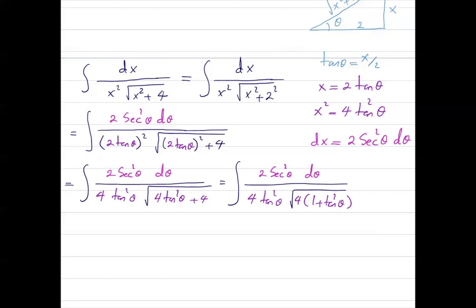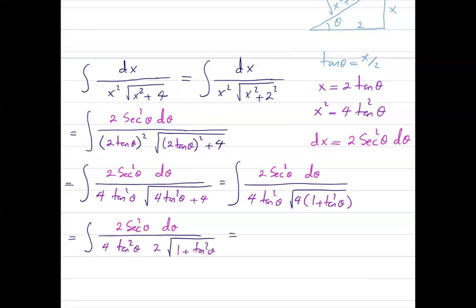Okay, very well. This integral can be written as the integral of, just copy down everything to make sure you can follow all the algebra, all the simplification here, divided by 4 tangent squared of theta, and then you get 2 times the square root of 1 plus tangent squared. But 1 plus tangent squared is secant squared.